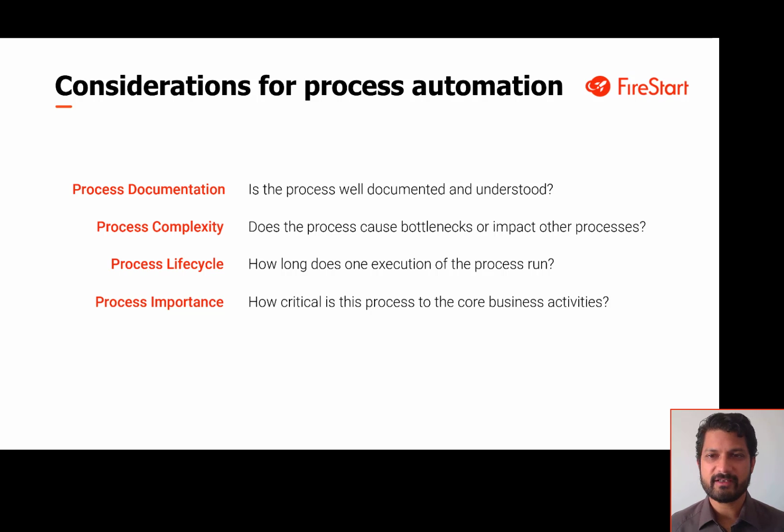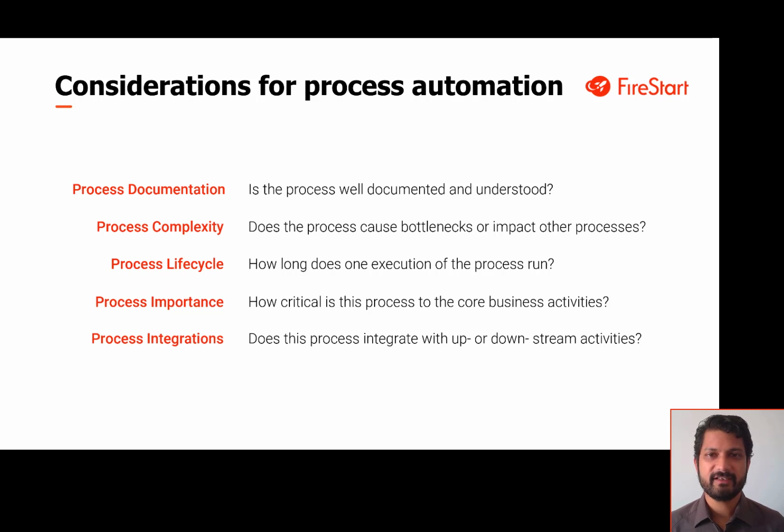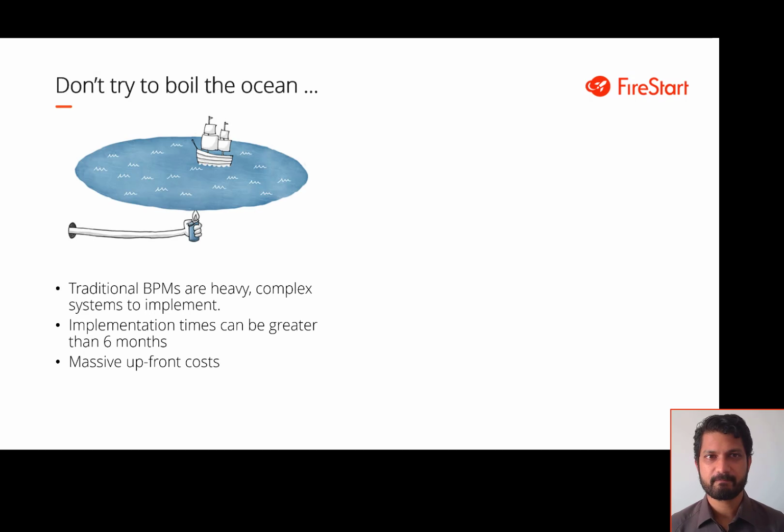Picking a core critical business process activity might make a huge impact on your ROI, but is it something you want to risk right away? Just something to think about. And definitely integrations with other systems, potentially with other companies. Does this affect your suppliers or your customers if you change your process? And where else is this integrating in terms of systems and so on?